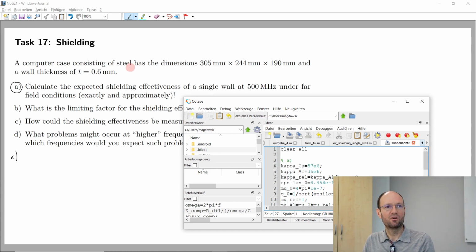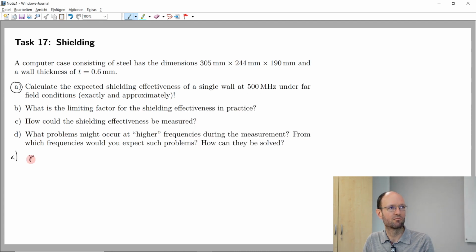We need to have kappa, the conductivity, of steel or iron, and we would need to have the permeability of steel, also at this particular frequency.